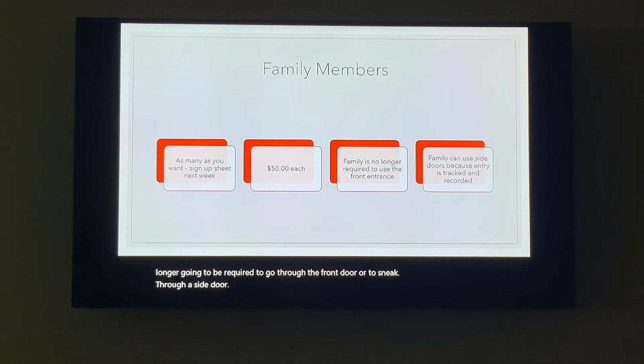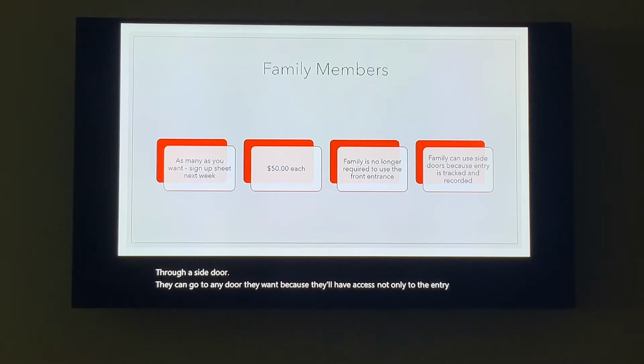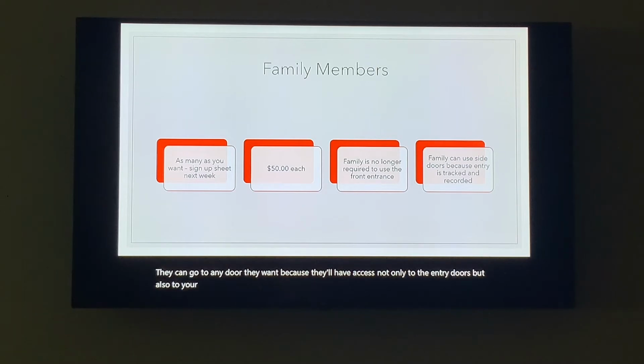They can go to any door they want because they'll have access not only to the entry doors but also to your apartment. And because this is tracked and recorded, we know who is going where within the system.